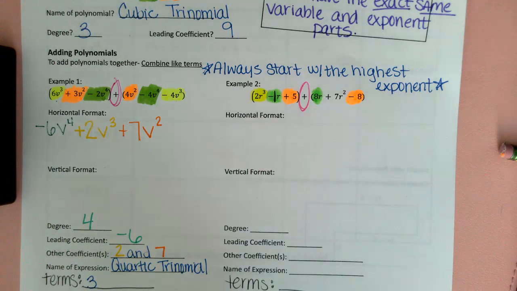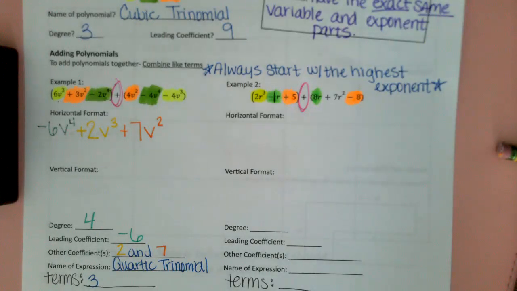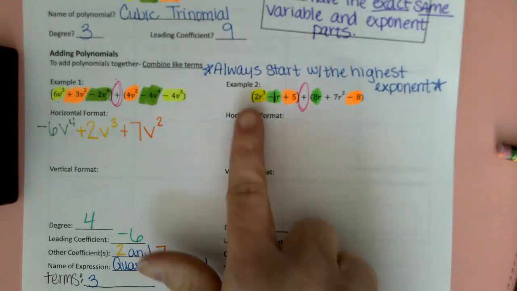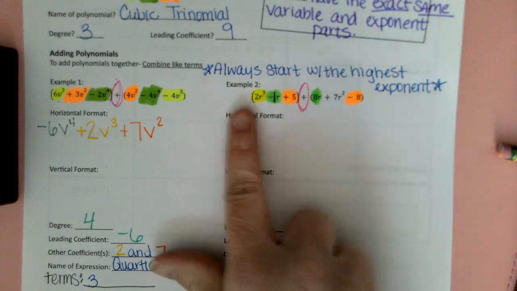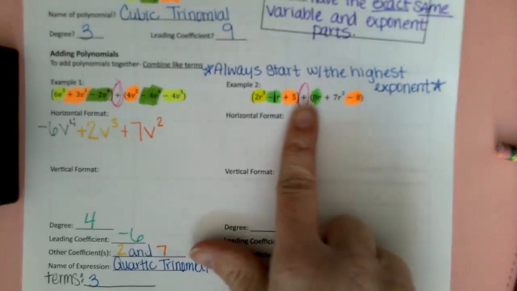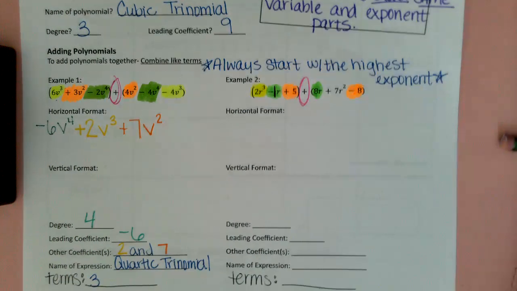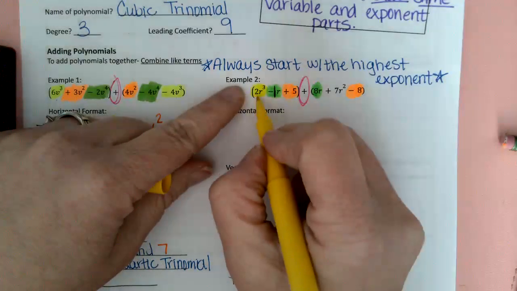All right? So now, in order to add the two polynomials together, we're going to look for the highest exponent. So as you look through this entire list, right through here, do you see that the highest exponent is a 3? So now I'm going to write that down. The 3 had the 2r cubed.